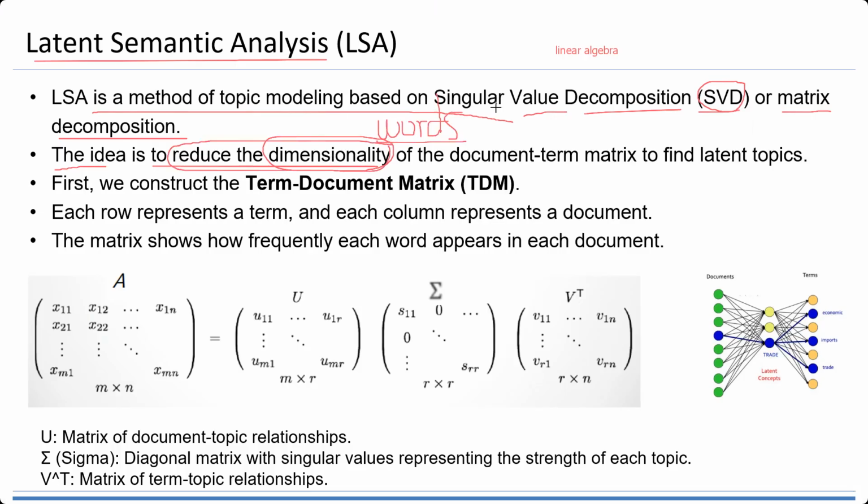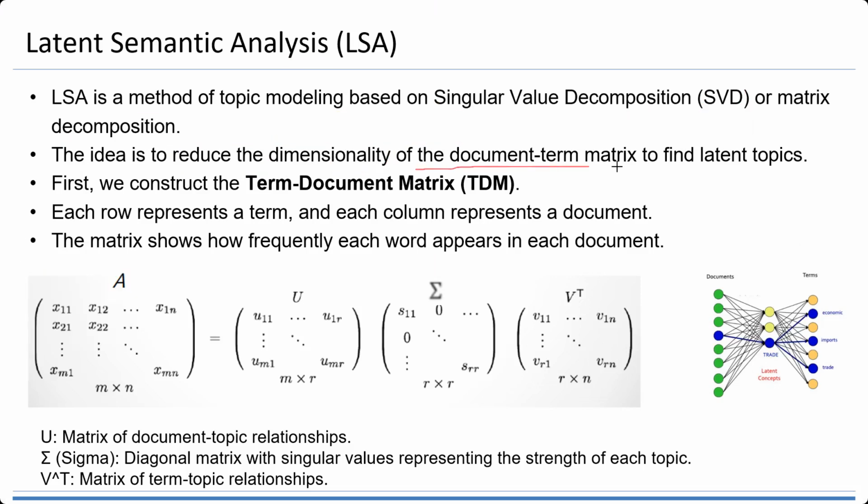And matrix decomposition is one of the ideas. So we want to reduce the dimensionality of the document term matrix. If we do document term, it means we have documents on the row, terms on the column. So we want to find the latent topics. Latent means something hidden. So we do not know.